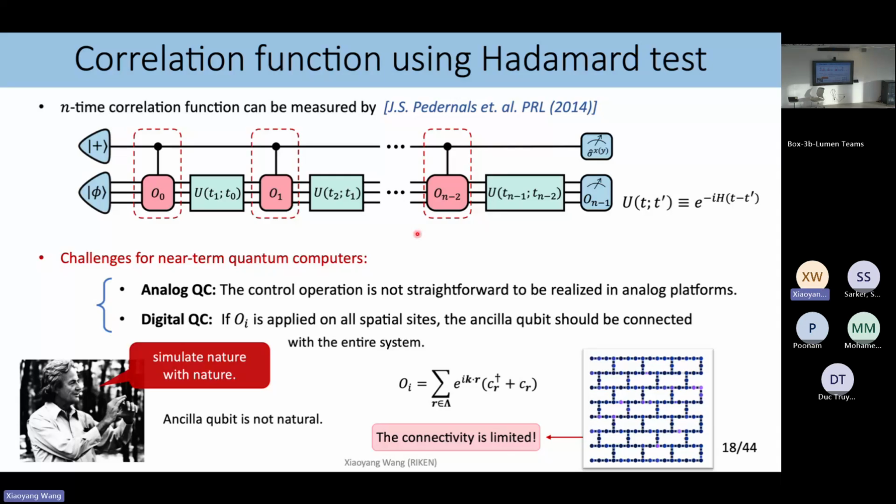I mean, by converting the control into some other operations. Yeah, that is for both analog and digital platforms, using the same circuit, right? Yeah, using some circuits.